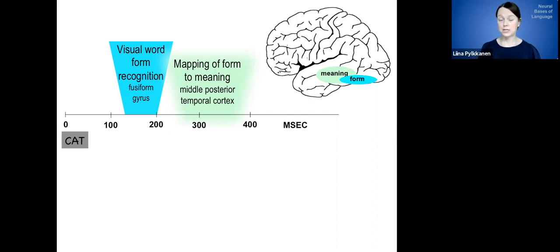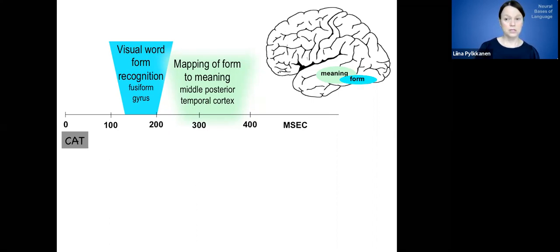And when we again measure the time course with a technique like magnetoencephalography that has millisecond time resolution, the effects are temporally located around 300 to 400 milliseconds. So that's the center of gravity for those types of lexical semantic effects. There's, of course, much more that you would want to add to a full theory of lexical access, but I want you to take away these two generalizations.